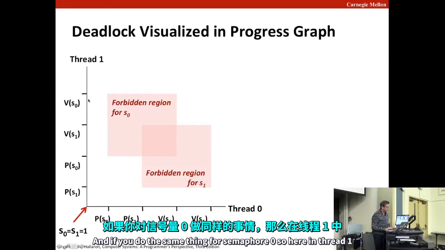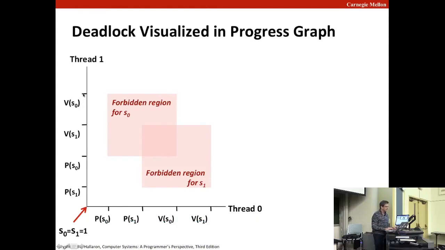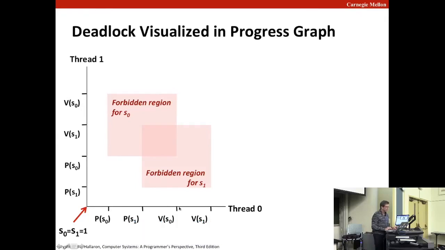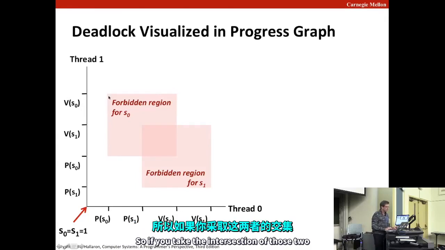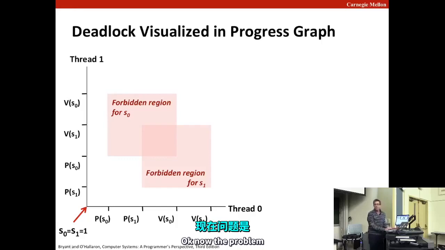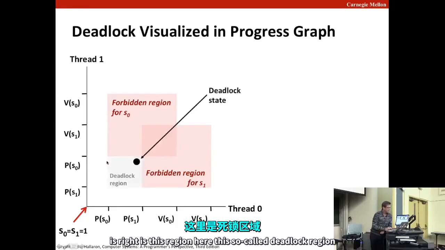And if you do the same thing for semaphore 0, in thread 1, we're acquiring semaphore 0 here and releasing it here. And in thread 0, we're acquiring it here and releasing it here. So if you take the intersection of those two, you get this forbidden region for S0. Now the problem is this region here, this so-called deadlock region.